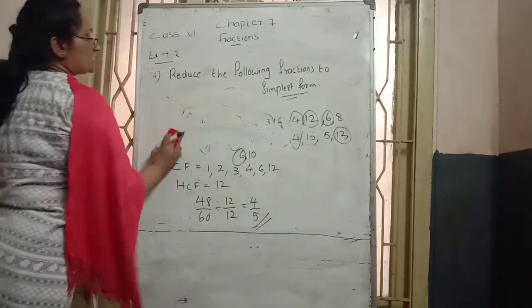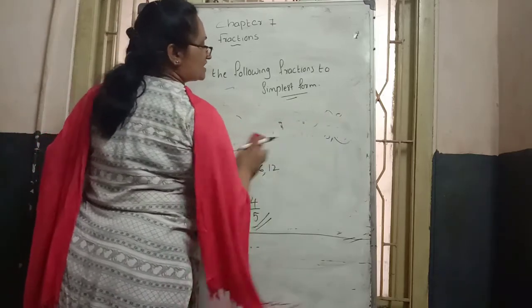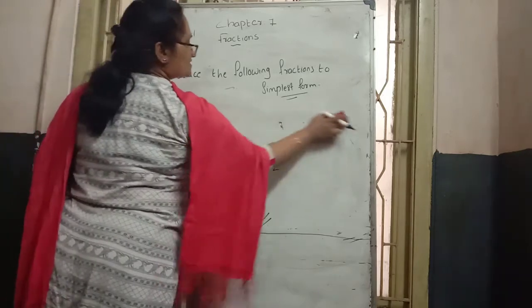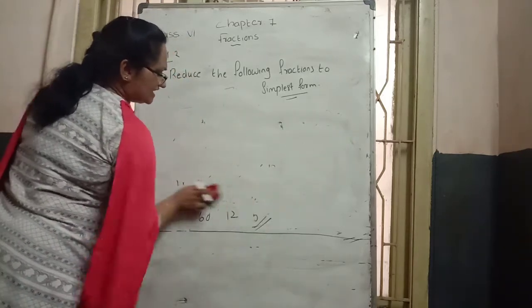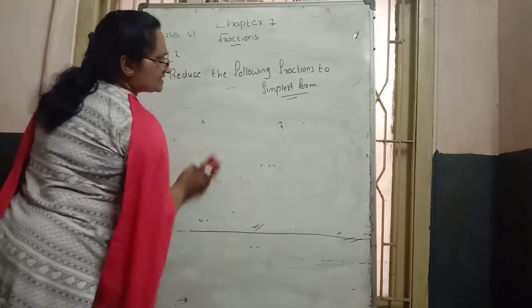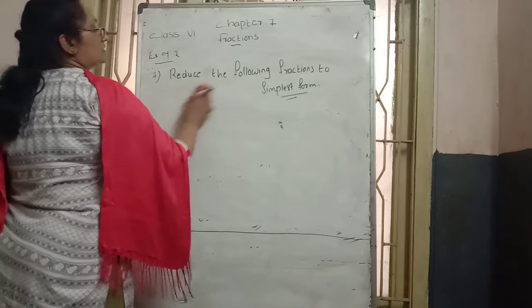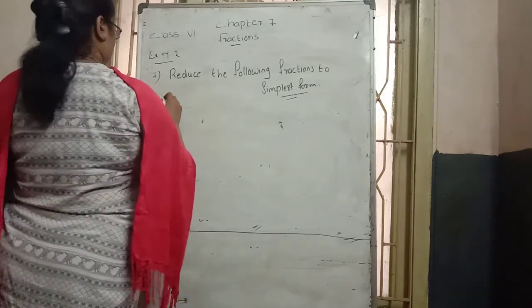First factors, then common factors, then the highest common factor. Whichever number comes as the highest common factor, we divide the given fraction by that number and get the simplest form of the given fraction.